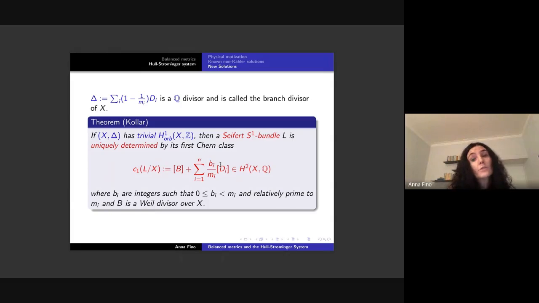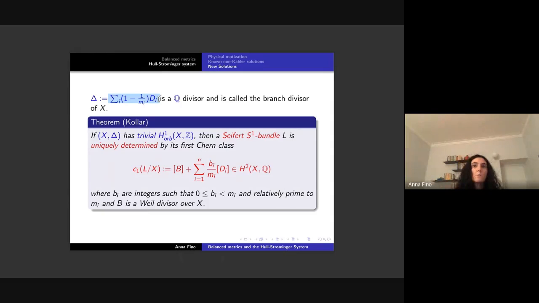the first Chern class. Before doing that, you have Di, your Weil divisors, and for every fiber a multiplicity, mi. So consider this linear combination of the Di; then what you get is a Q-divisor, okay?